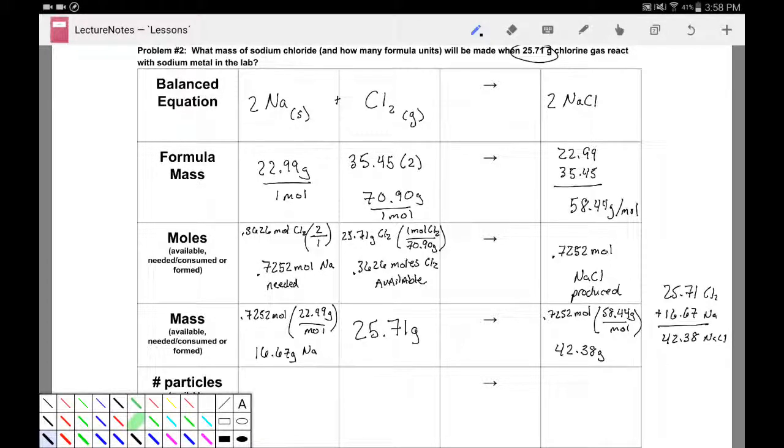For step 7, we're going to use the moles we calculated earlier, as well as Avogadro's number, which is 6.022 times 10 to the 23rd things per mole, in order to convert from moles into the number of particles for each of the reactants and the products. So to start, for the sodium, we have 0.7252 moles of sodium atoms, and to figure out the number of atoms that is, we're going to multiply it by Avogadro's number.